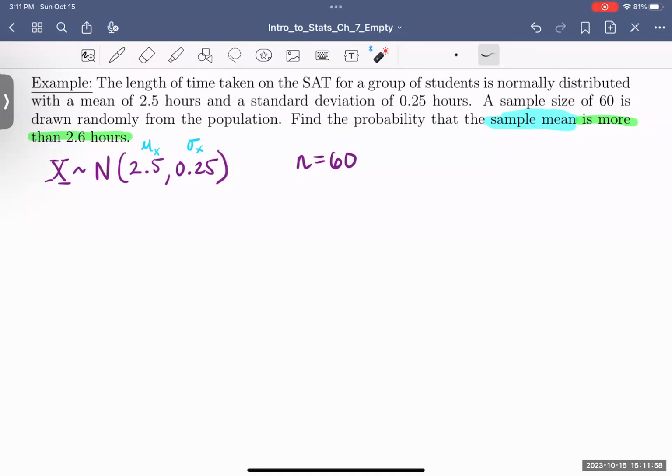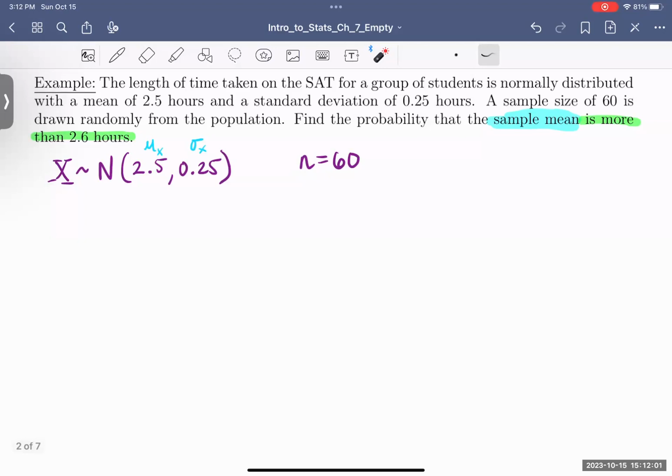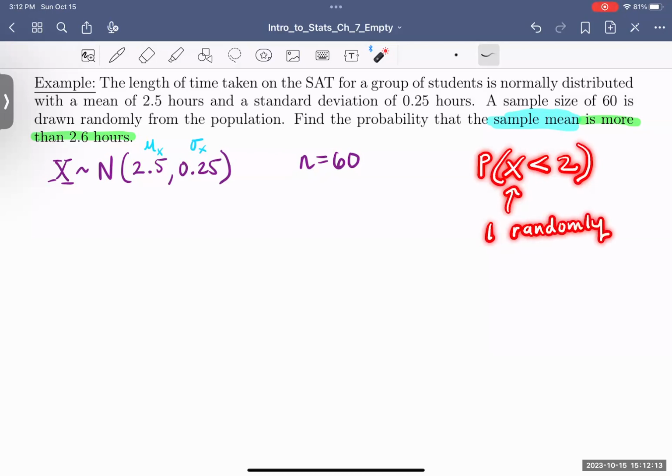If they said, what's the probability that a randomly selected student took the test in less than 2 hours, that would be this right here. A regular X represents one individual piece of data. That's not what I'm asked for.